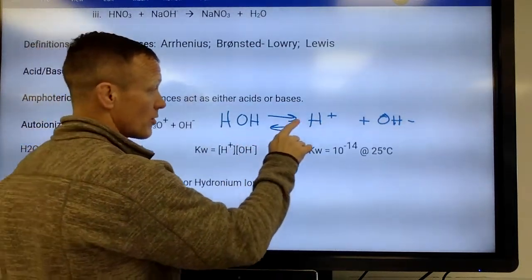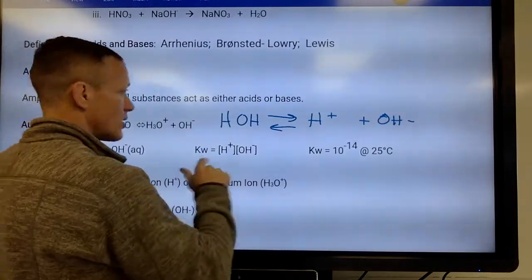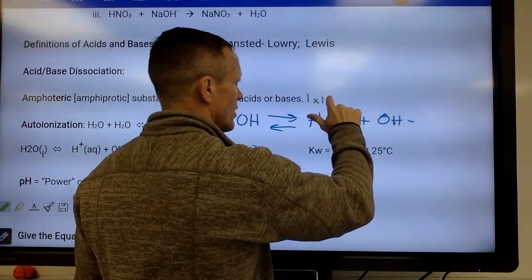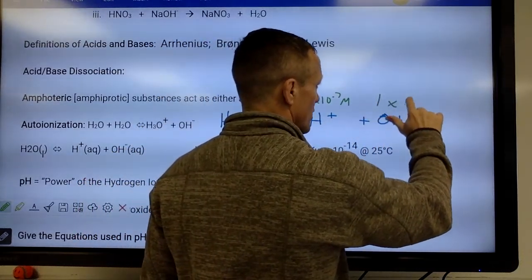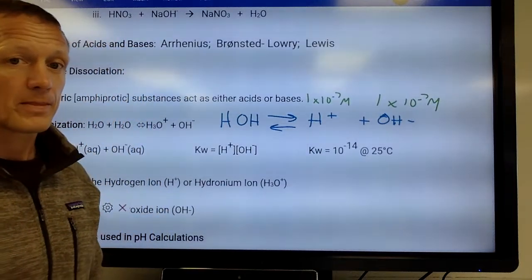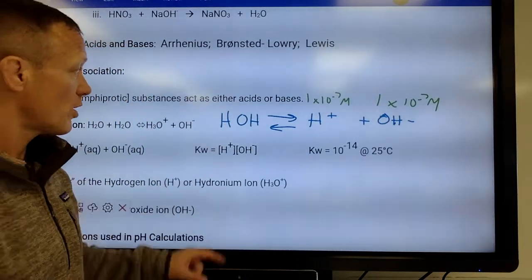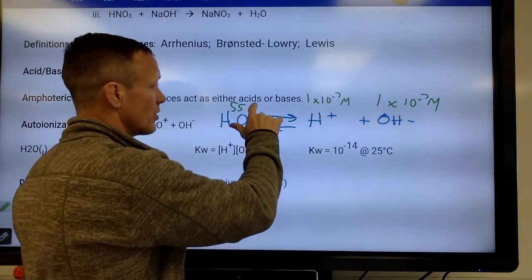So in water, the concentration of H plus ions, the molarity of H plus ions is 1 times 10 to the negative 7th molar. And this is also 1 times 10 to the negative 7th molar. That's a really, really small molarity. Water itself is 55 molars, 55 moles of water in a liter of water.